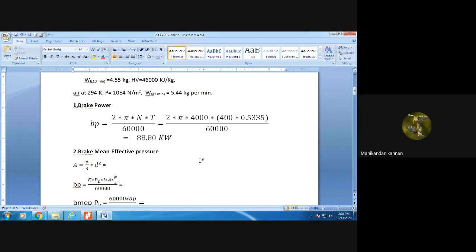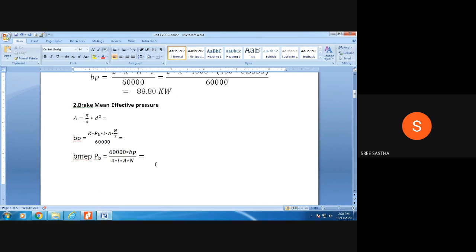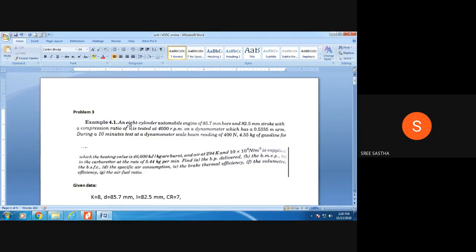Okay. Next, brake mean effective pressure. Actually, yesterday I told you one formula: indicated power is indicated mean effective pressure into L into A into small n, where small n, if it is a 4-stroke engine, is N by 2, and for a 2-stroke, n will be N. Okay. The data is not given, that is a peculiar problem in VDDC.